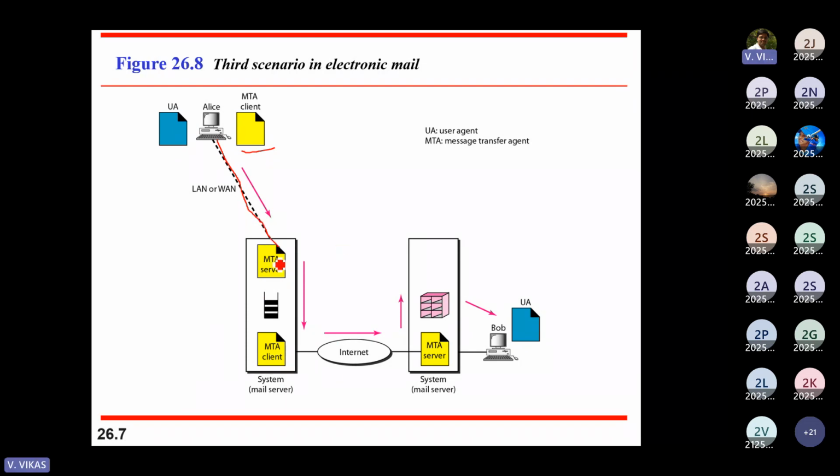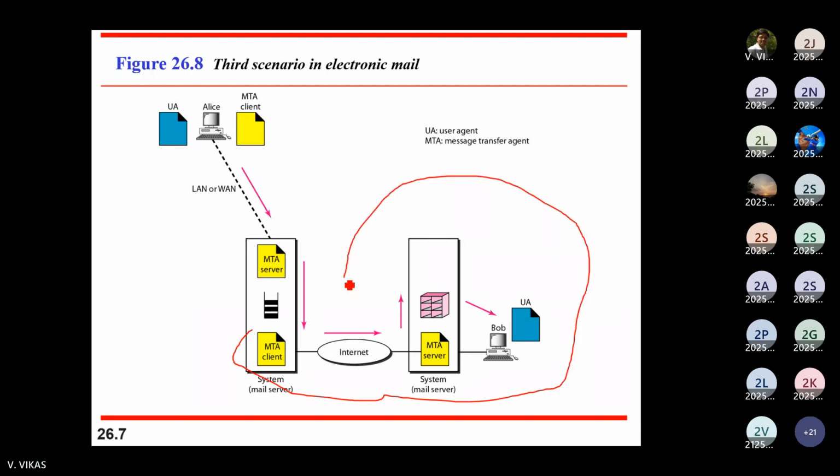And from there we need to transfer it to the mail server to which the recipient, Bob, is connected. So again we are considering a pair of MTA client and MTA server. If I consider this part, from here till here, this portion is the same when I compare with the previous one.